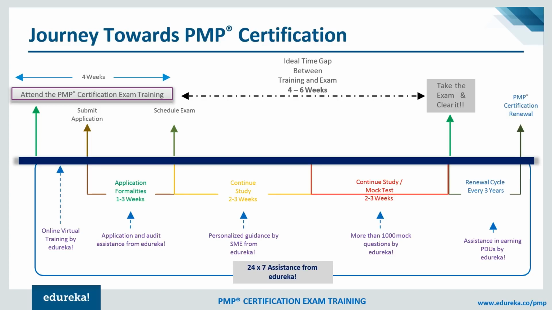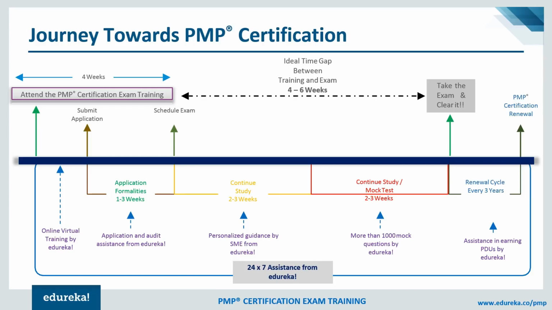In case your application is picked up for the audit, then you need to provide a reference for all the projects that you have mentioned in your application. So you'll follow that process, and once you complete the audit process, your payment is accepted, your audit process is completed. Or in case your application was not picked up for audit, you will receive a notification from PMI that you can go ahead and block your examination date.